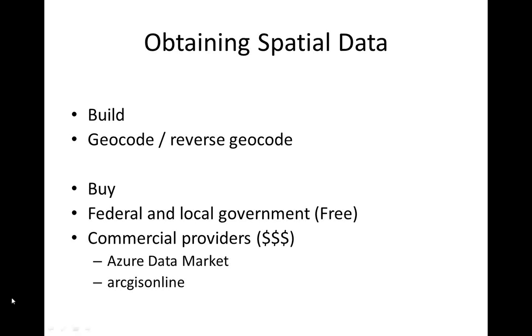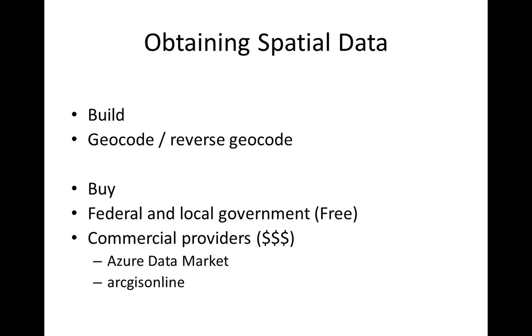The other way to get this data is to buy it, and of course the way you buy data from the federal and local government is by paying your taxes, because they have to put this data up on their website for free. The thing to search for there is census data or Tiger data, and that's all those shapefiles I used to load the subdivision, the landmark data, and the zip code data.